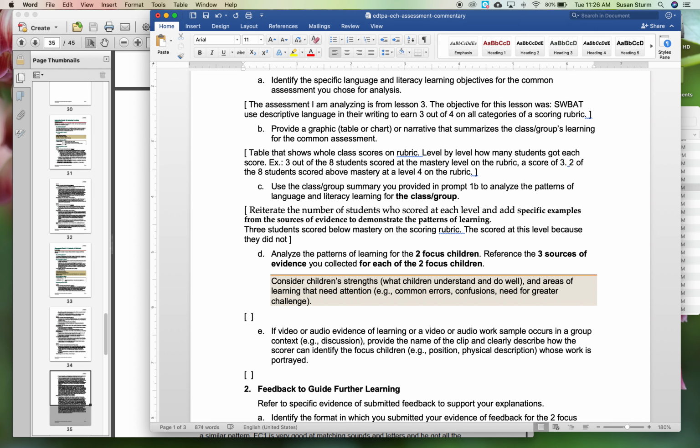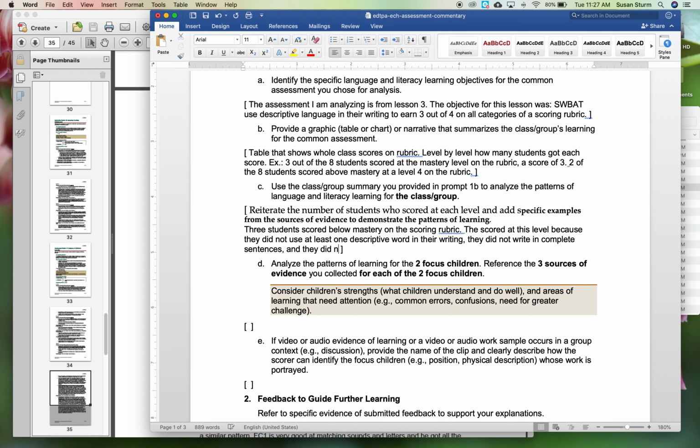An example off the top of my head might be they did not use at least one descriptive word in their writing. They did not write complete sentences.